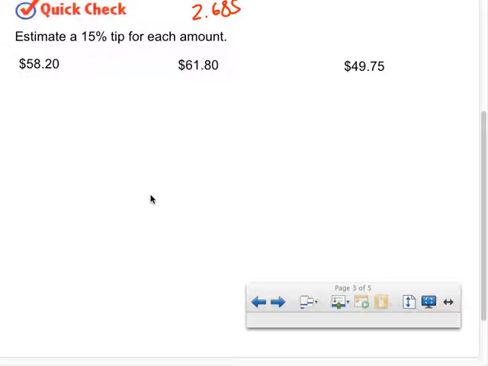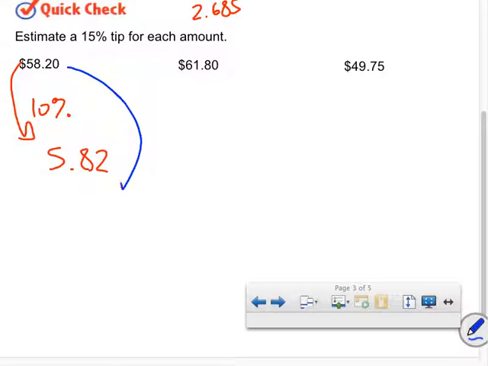Let's walk through this because I'm really short on time. So 10%, what's 10% of $58.20? $5.82. And then we need to add to that 5%. What's 5%? Well, that's half of 10%. What's half of our amount for 10%? Half of 5 is 2.50.